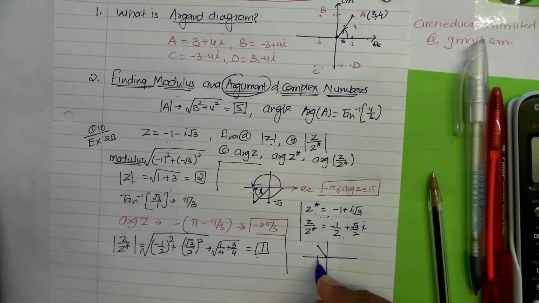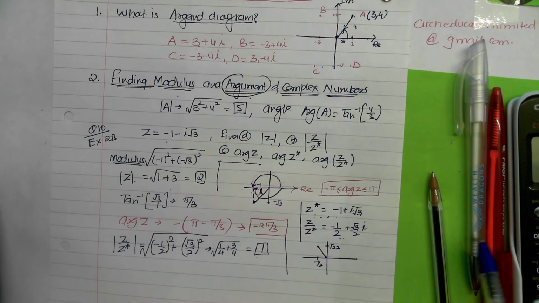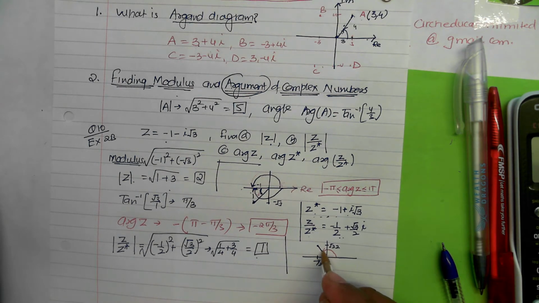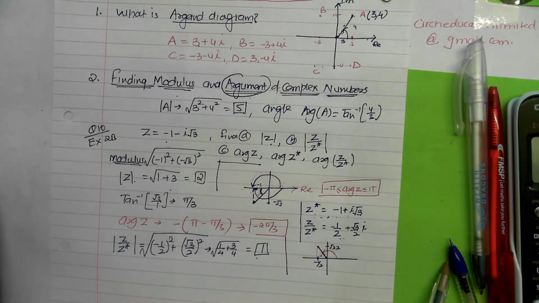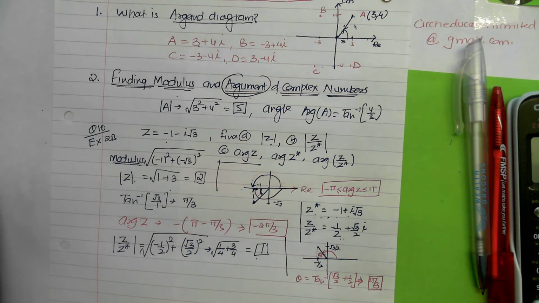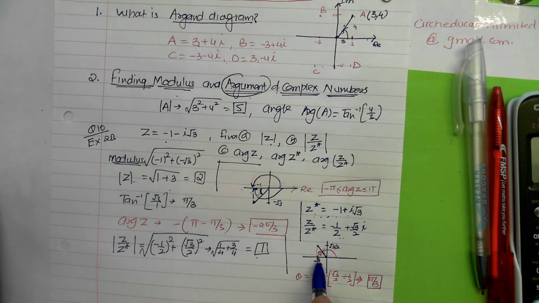Right, guys, this is negative half and this is root 3 over 2. So the argument of this will be a positive argument, this one. So how would you figure that out, people? You find this angle in the middle, then take it away from pi. Do that for me. Let's see if the answer matches with mine. Right, so the angle comes out as pi over 3.